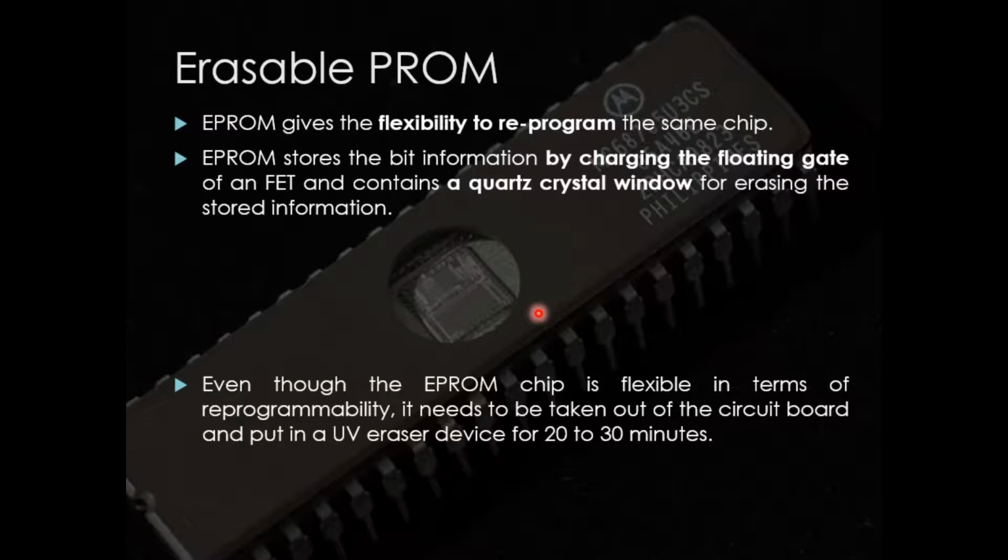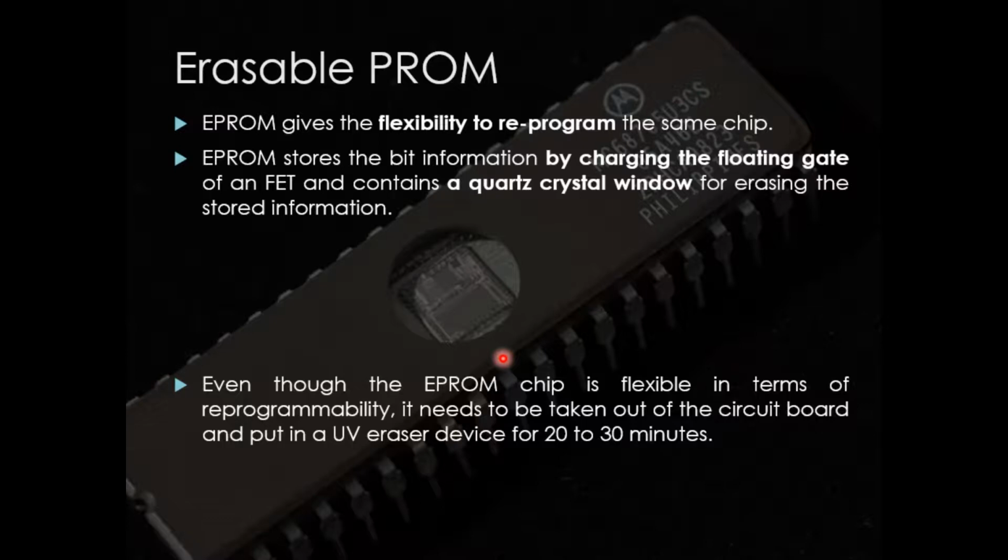But erasing this information or restoring the information is not an easy process. You might have understood just by now. Because this requires a particular programmer machine. You have to remove the memory chip from whatever embedded system you have, take it to the programmer, okay, then subject it to some light beams.